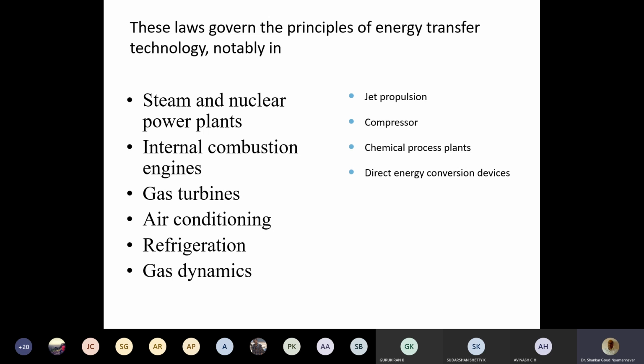Then one must have a sound knowledge of thermodynamics, all three laws: Zeroth law, first law, and second law. Without proper understanding of these laws, one should not try to do anything with these technologies. If you don't understand these laws, then don't do it, because they are governed by these laws. A sound understanding of the thermodynamic laws is very, very important. If you don't understand these laws, there is no point in working with these technologies.